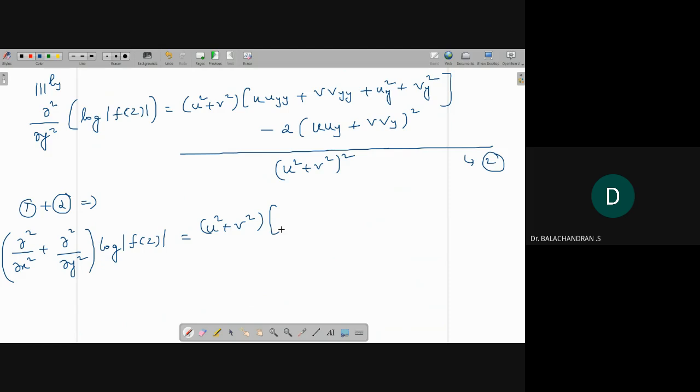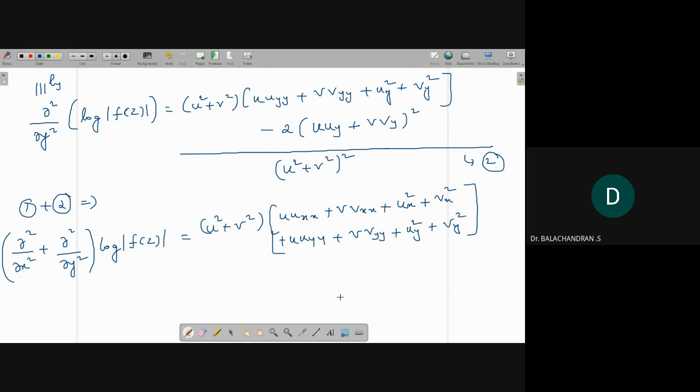Now I am going to write. So first you have u into uxx, and then you should write the terms correspondingly: v into vxx plus ux square plus vx square, and then plus u into uyy plus v into vyy plus uy square plus vy square.